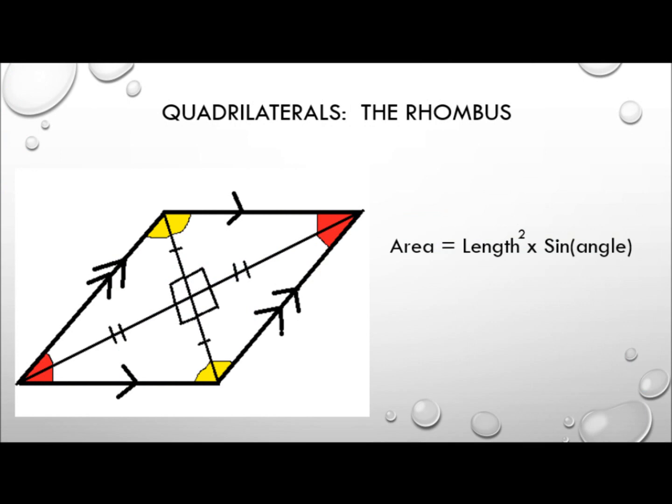So the area of a rhombus is just the length squared times the sine of the angle. Okay, fair enough, you say, but which angle? Well, as it turns out, it really doesn't matter which angle, because opposite angles are the same angle, and adjacent angles have to add up to 180 degrees, which means they're supplementary angles, and supplementary angles have exactly the same sine.